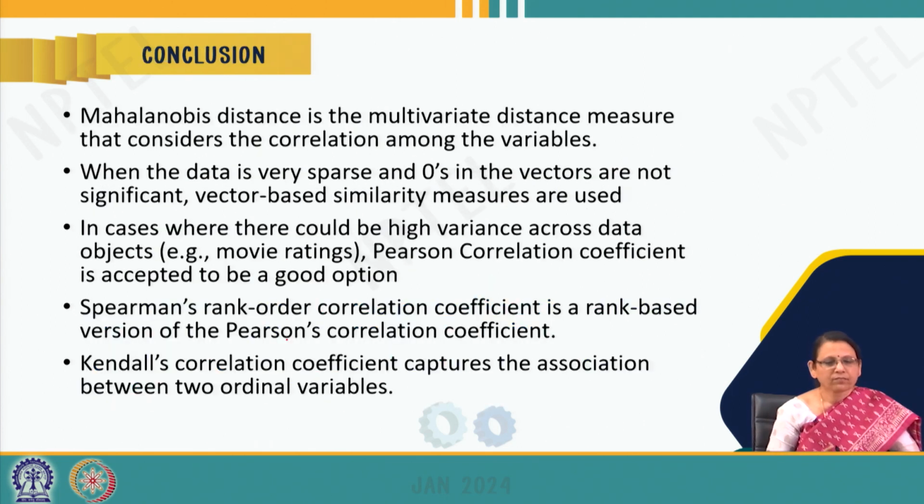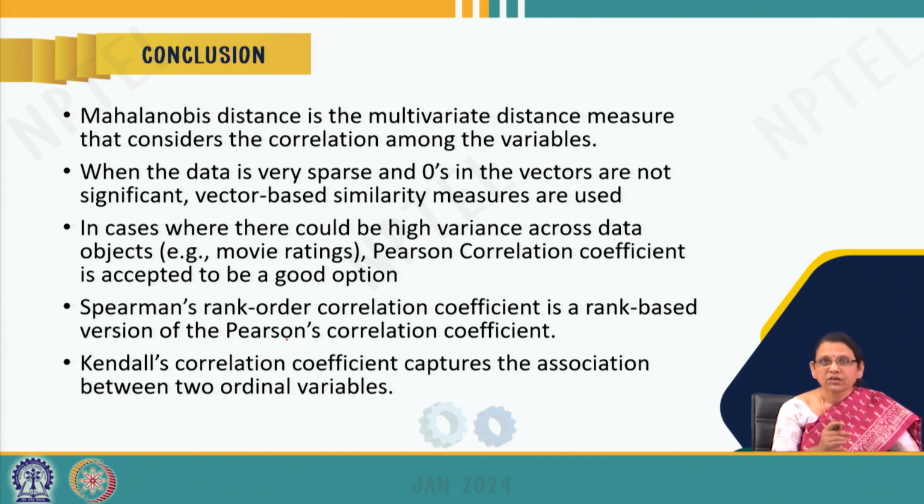So, to conclude, we started with the concept of Mahalanobis distance, and we understood that it is a multivariate distance measure that considers the correlation among the variables, and while doing so, it tries finding some kind of centroid of the data and the distance from that centroid. That centroid is measured considering the correlation that exists among the variables.